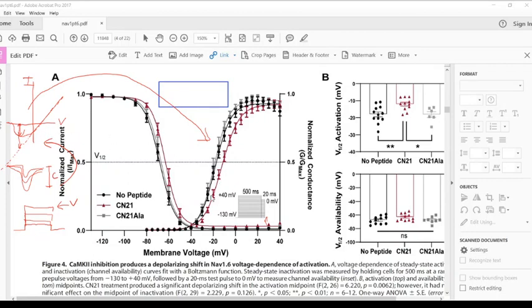So each point along this curve represents the proportion of sodium open, or better still, conductance G over G max. So it's G over G max.